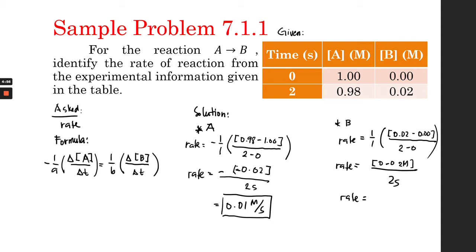They're both positive, because 0.98 minus 1 is negative 0.02, and negative times negative gives you positive. So the rate in the end should be equal to 0.01 molar per second. They're both equal in rate. So that's how you solve for the rate of a problem.